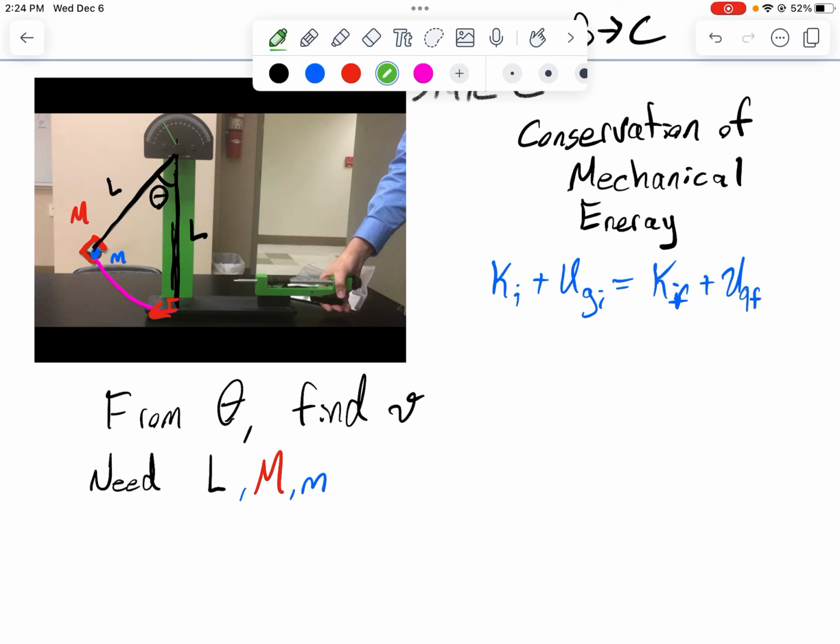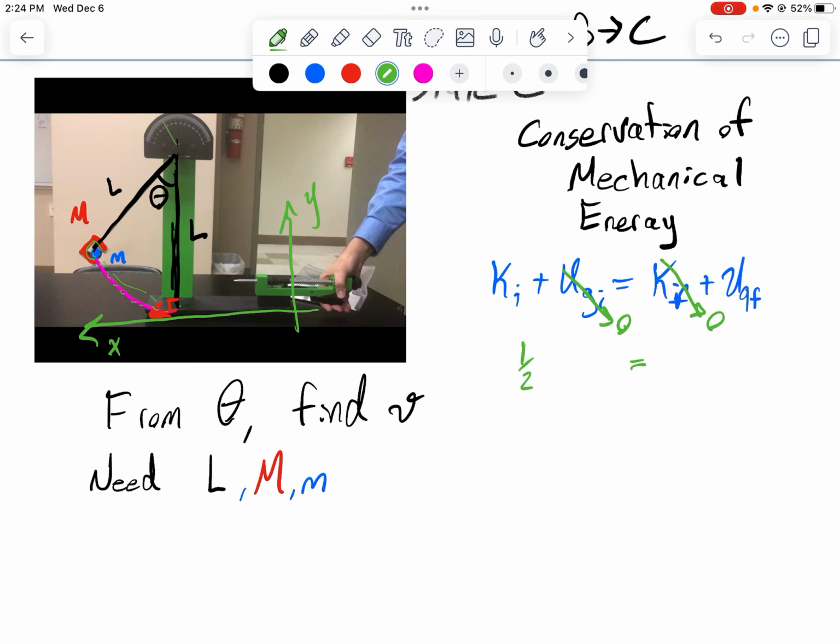Well, in the initial state, if we set up our coordinate system like we did a moment ago, then the initial gravitational potential is 0, and our final kinetic energy is 0, because once this swings all the way to the top of its arc, it stops moving in preparation to swing back down.